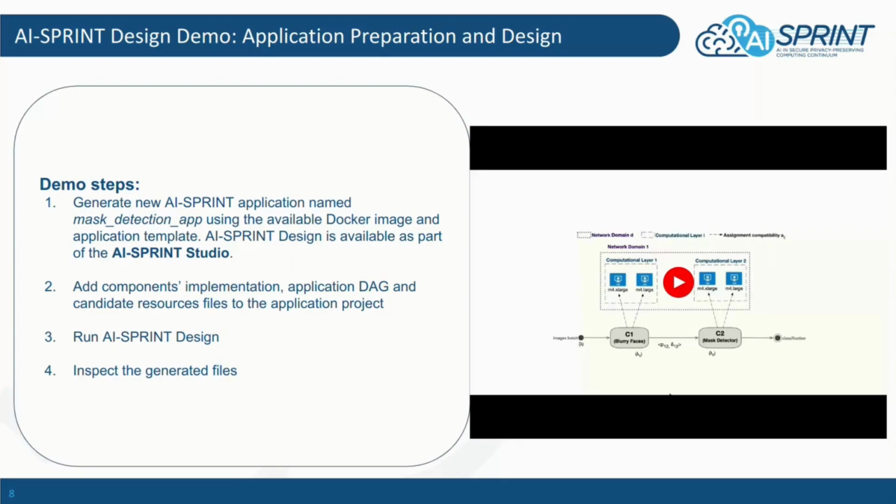In particular, we show the component implementation, the application workflow, and the list of configuration files, among which the candidate resource files and the candidate deployments files to drive the application deployment. Then we run the 𝗖𝗄𝗃 design tool, and finally we inspect the generated files.